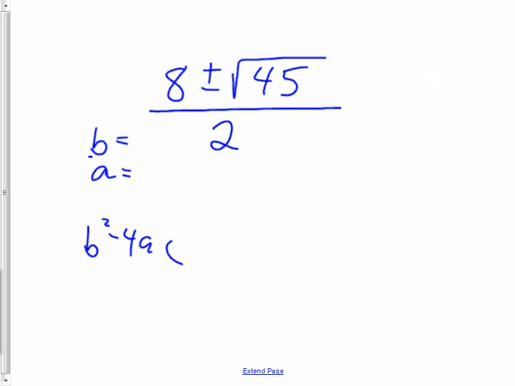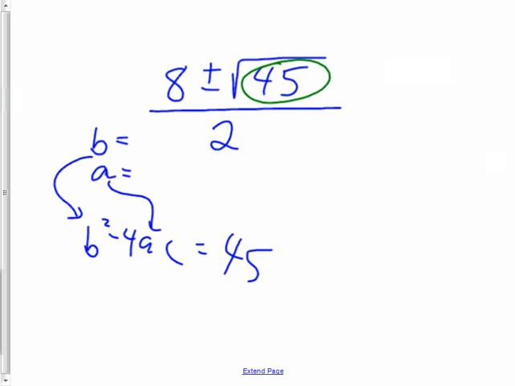And we already know B, and we already know A will equal 45. Try to write me the right equation. My bad. It's B squared minus 4AC. That's the thing under the root. So it's just plain 45.